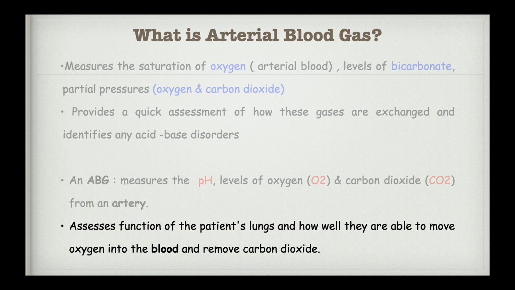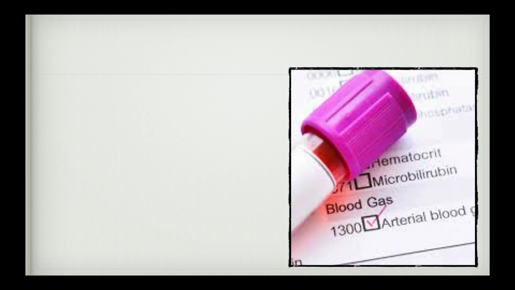Now, there are four main components of the arterial blood gas. These components include the pH, the partial pressure of carbon dioxide, bicarbonate, and the partial arterial pressure of oxygen.